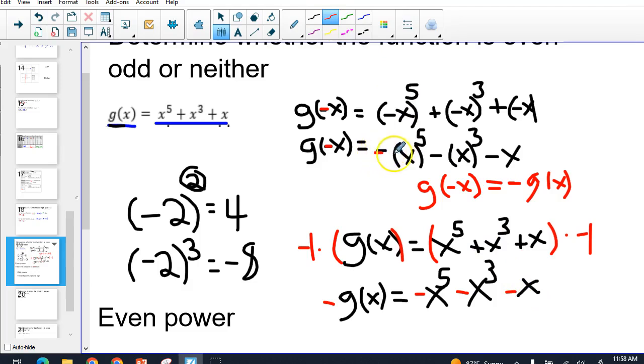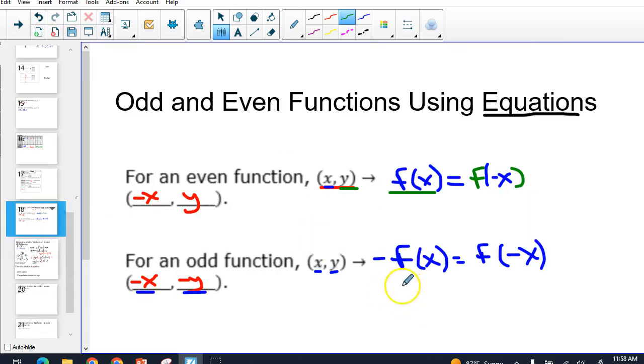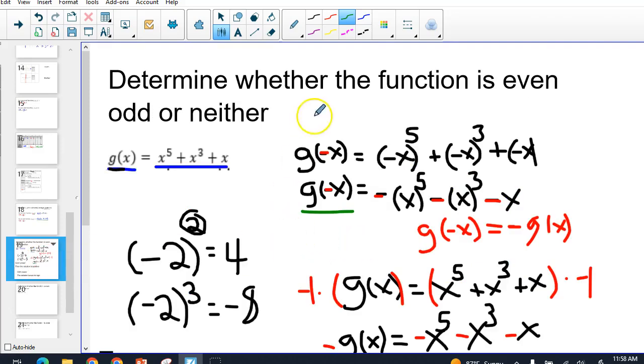Do you notice how these two are the same? Our g of -x and our negative g of x. Since our g of -x and negative g of x are the same, let's see the rules we found earlier. If those are the same, then our function is odd. So our function here is odd.